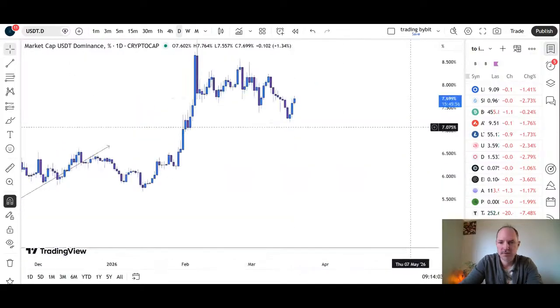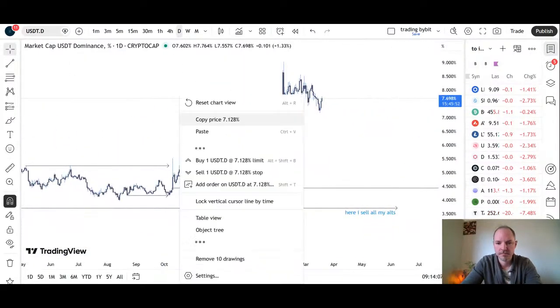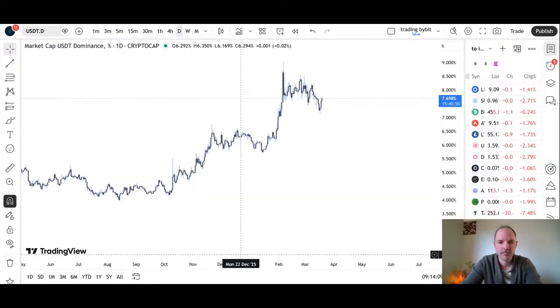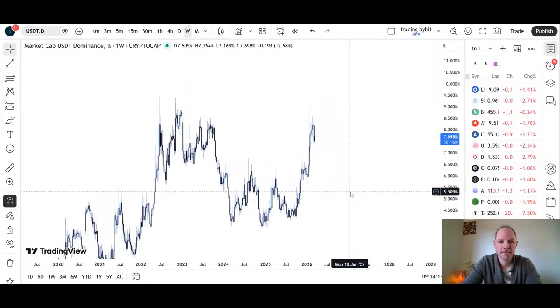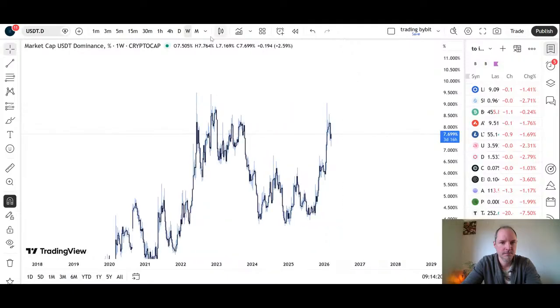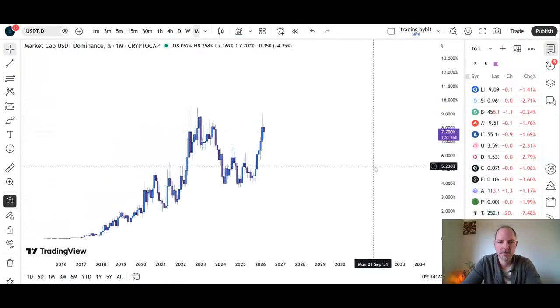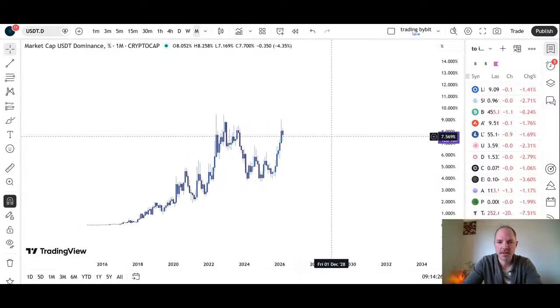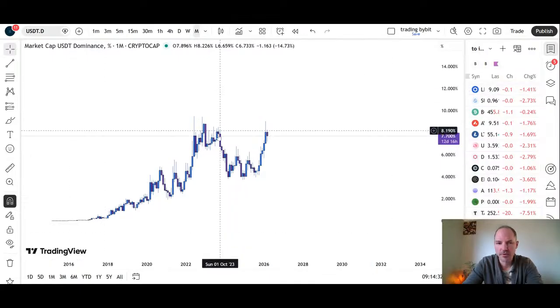This is the best place to start. And you can see that USDT is actually at all-time highs. That means that almost everything is out of the crypto market back into dollars.